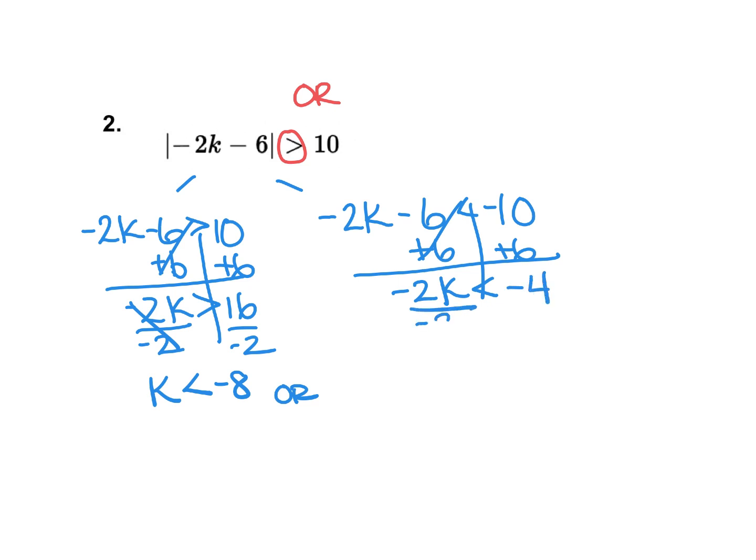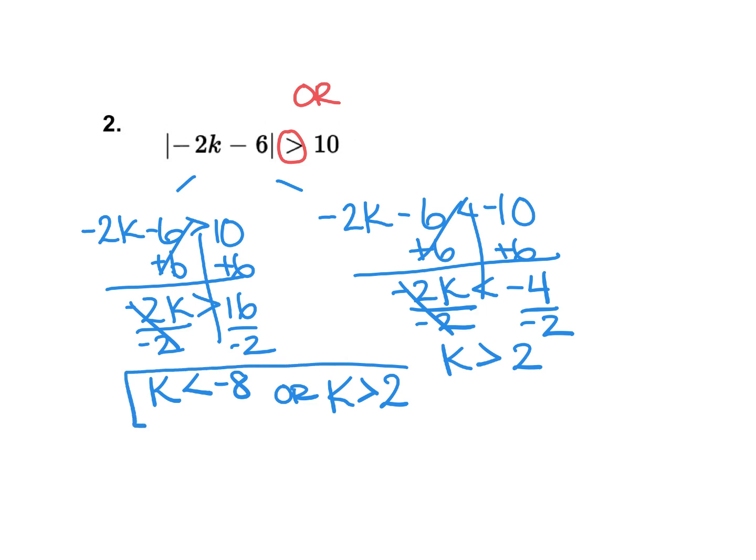Again we're dividing by the negative, so flip the sign, and k is greater than 2. If you were to graph this one, notice how they go in 2 separate directions. k is less than negative 8, or k is greater than 2.